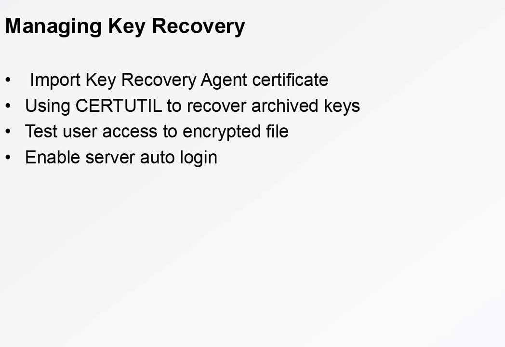So the previous exercise illustrated that if a user account having access to the encrypted file is deleted, it will be denied access to the folder or file it had encrypted, even if the account is recreated with the exact same property as the old user account.